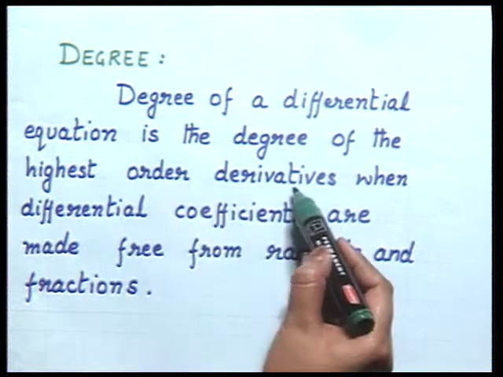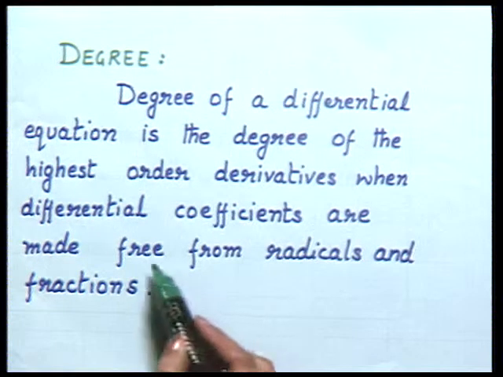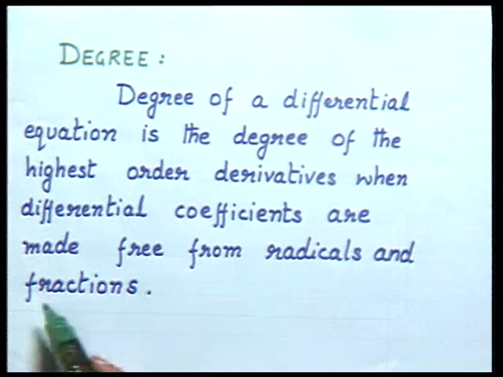Note this point: when differential coefficients are made free from radicals and fractions. That's again an important point to be kept in mind, so that if at all the equation involves fractions and radicals, they have to be first removed. So the degree is the power, in a sense, of the highest order derivative involved in the equation.